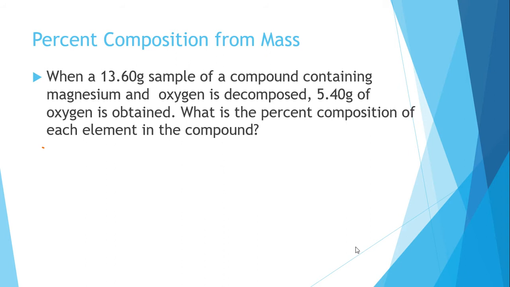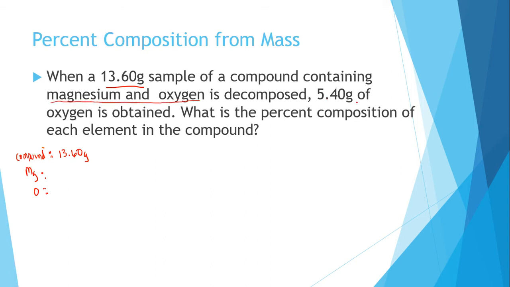First, we have to know the mass of the compound and the mass of all the elements that make it up. So when reading this problem, we know that we have a compound that is 13.60 grams, because it states here. And we also know that our compound is made up of magnesium and oxygen, because it says magnesium and oxygen.